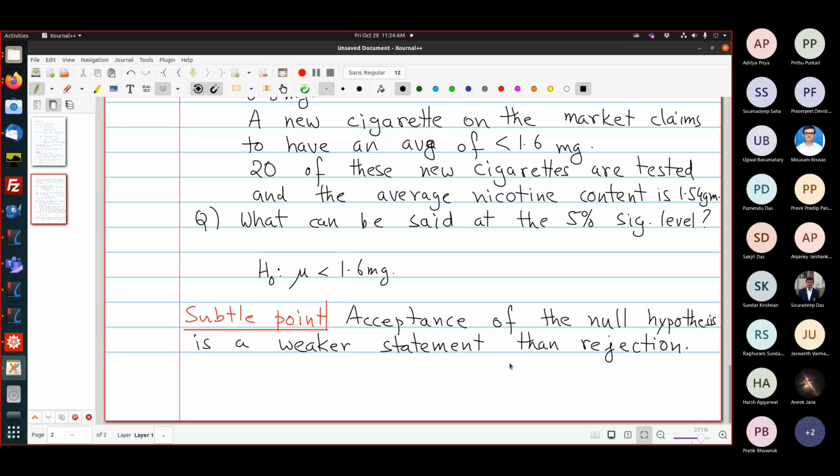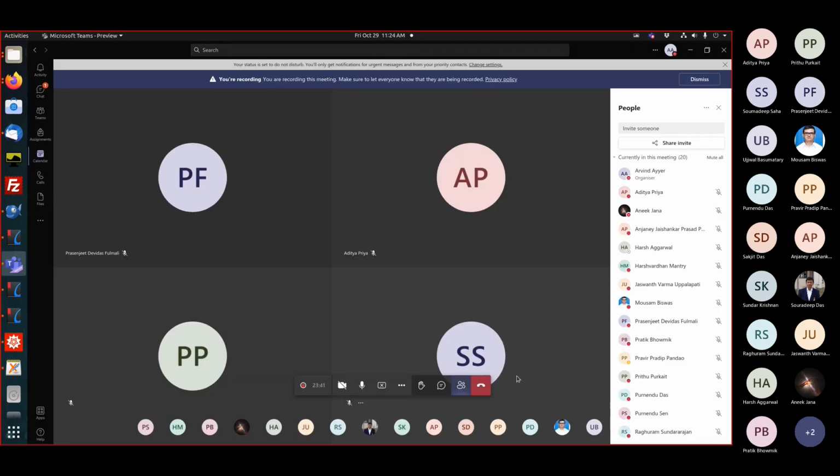In other words, if you accept the null hypothesis, it's not such a big deal. You are saying that okay, it's consistent, but you're not endorsing it so much. Whereas by rejecting the null hypothesis, you are saying that there is some serious flaw in it. Unless something is really off, the null hypothesis is not true.